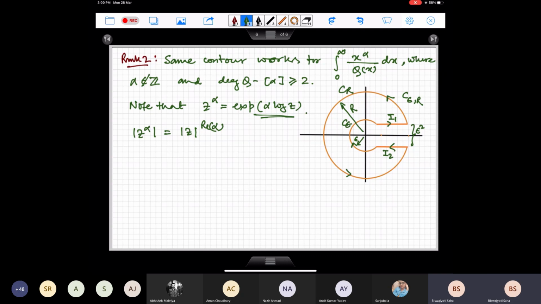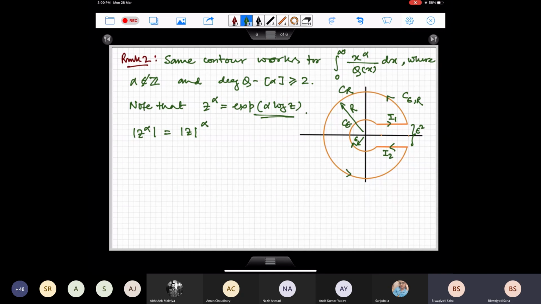Therefore, the growth that we saw for p(z) by q(z), the similar growth estimate works, and you exactly know that the degree of q minus the integral part of alpha is bigger than or equal to 2. Alpha is anyway real, so here I should not write the real part; this is alpha actually.